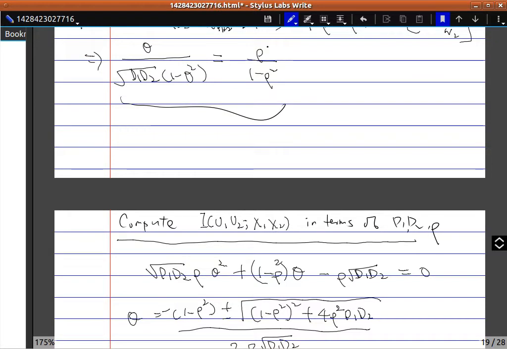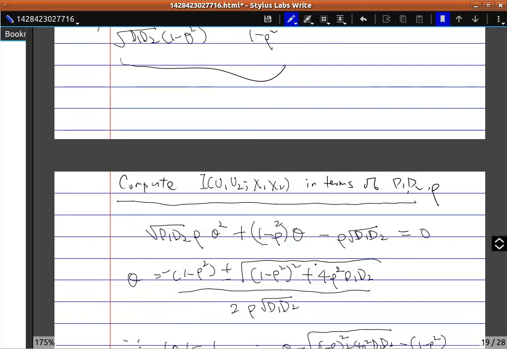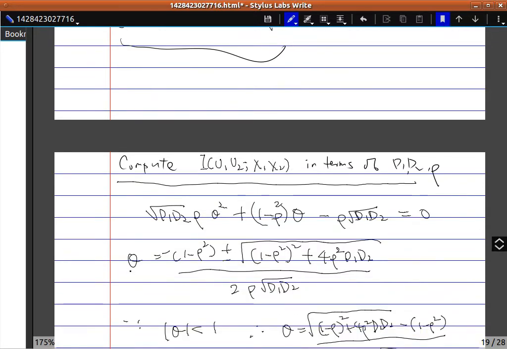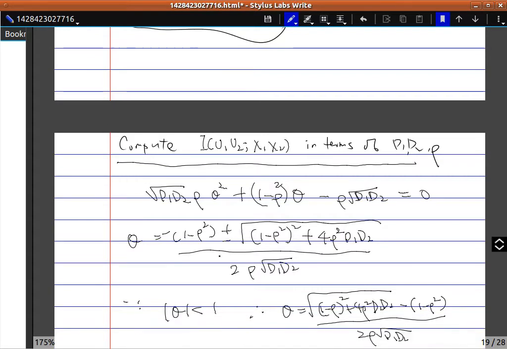So basically, we just do simple algebra and arrange the terms. Then we can write this equation as a quadratic equation of theta. Then we can solve for theta, and because it's a quadratic equation, it has two solutions, like I have a plus sign here and also a minus sign here.